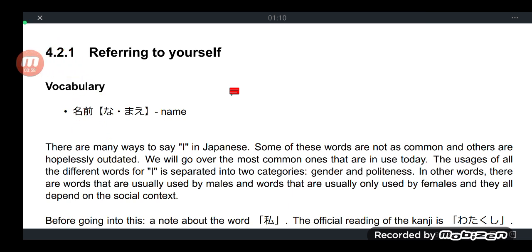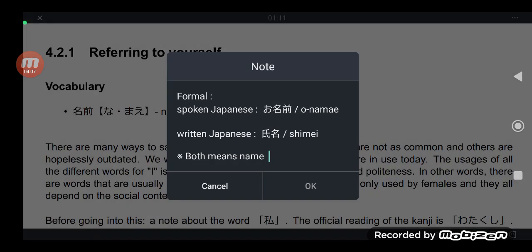In spoken Japanese, you can say onamae. But in written Japanese, let's say you are to fill out a certain form in the Embassy of Japan. That's a formal document, and you need to know some written Japanese formal words.